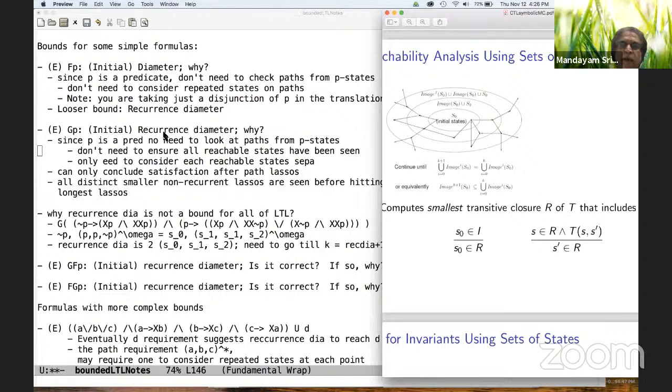I hope you are convinced that the recurrence diameter, in the case of GP and for FP as well, is a bound, because the worst case diameter is as big as the recurrence diameter. Any questions there? Okay, none.